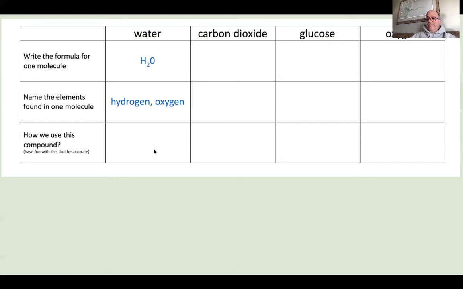For example, in water, maybe the use is water skiing. It's kind of hard to water ski without water. Or drinking water, or as people decided to do last year, they talked about how it's very useful to dump over your older brother. Probably not a smart move, but it might work.